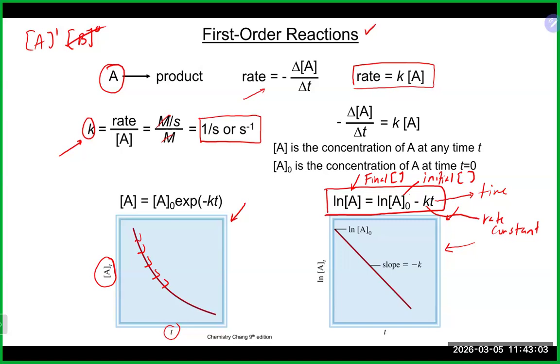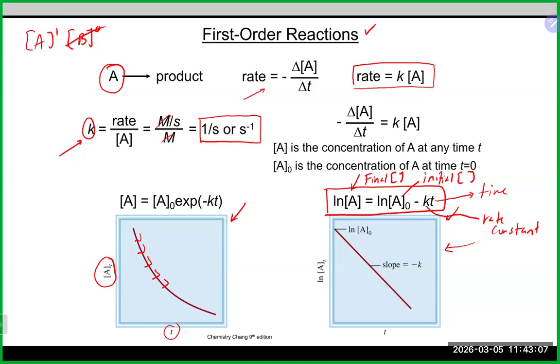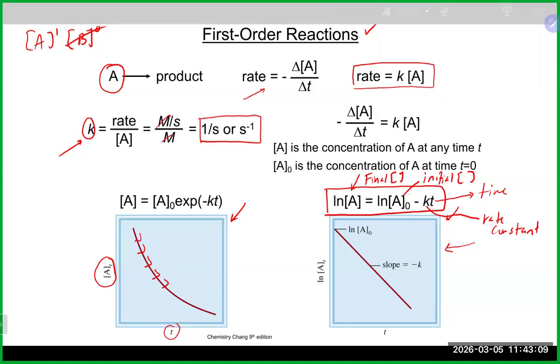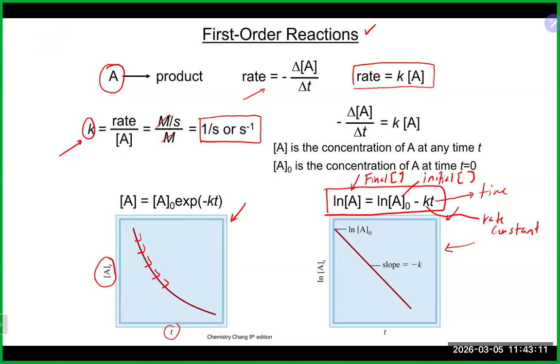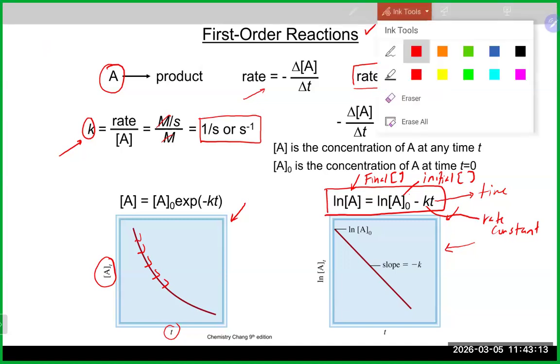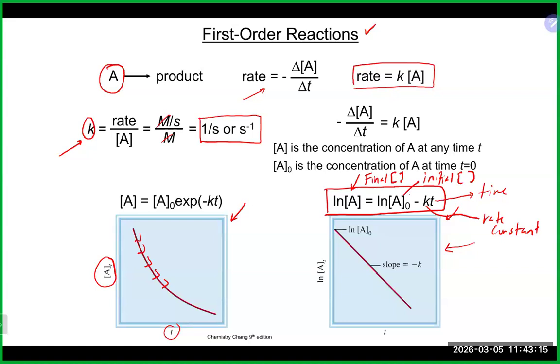Now, if you take this integrated rate law and you rearrange it as the natural log of A, your final concentration, equals minus kt plus the natural log of A naught.